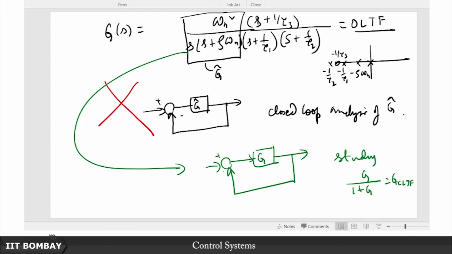So obviously the closed loop transfer function's poles and zeros will be somehow related to the zeros and poles of the open loop transfer function, but they are not exactly the same, they are not identical obviously, isn't it, because the zeros of 1 plus G is equal to 0, that equation will give you the closed loop poles, right. So therefore, you should not chop off poles and zeros at this stage.